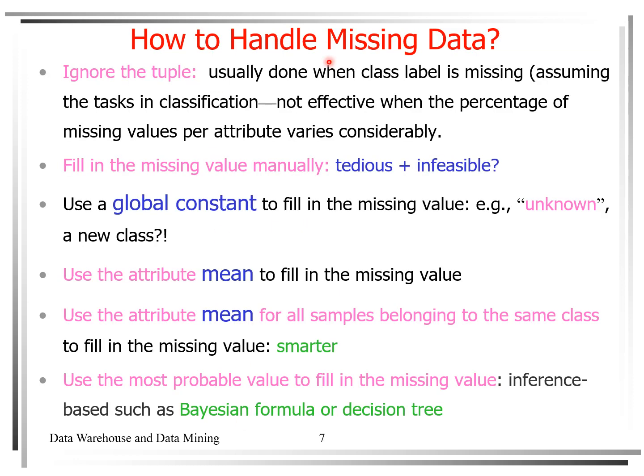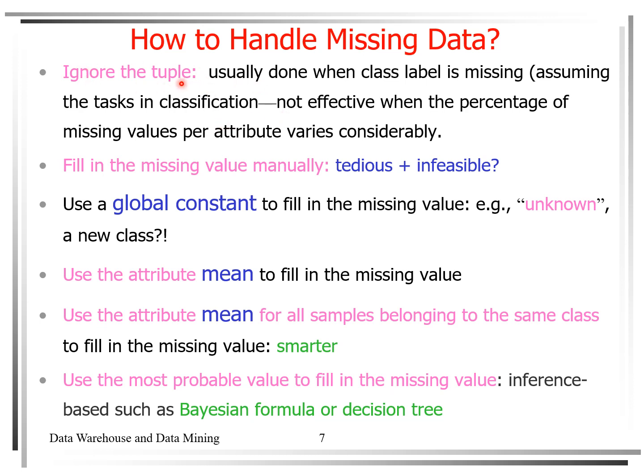Now, how do we handle missing data? We already discussed some of these techniques, but here we're going to talk about more techniques. The first technique is to ignore the tuple, which means that if we have an object that contains missing data, we will simply ignore it. We will remove it and not consider it within the analysis.